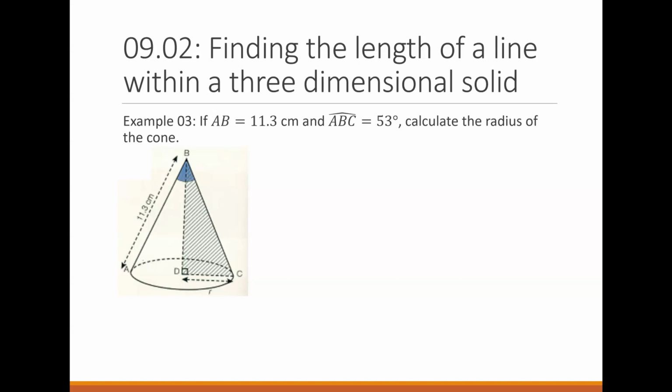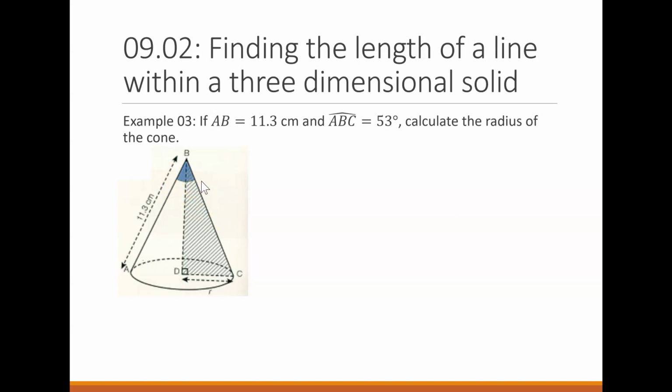Well, what can we fill in? Yeah, we know that the length of BC is the same as the length of AB, so that's 11.3.